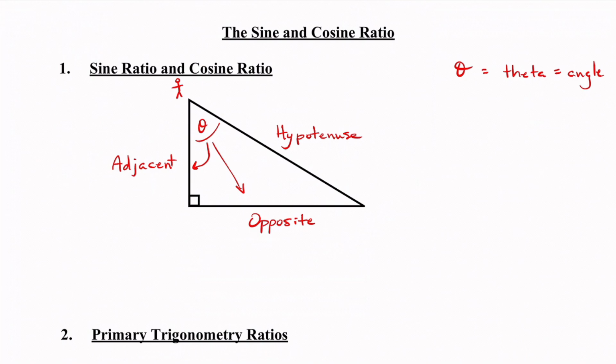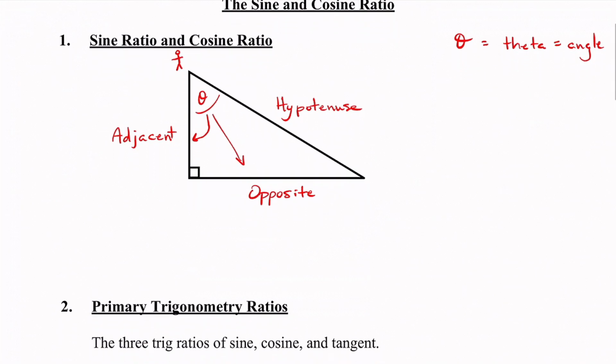Okay, so today we got two new ratios. They're the sine and the cosine ratio. So we're going to start by writing out those ratios, just like how tan from last day, tan theta, was opposite over adjacent. Now we're going to have some new ratios where they're just using different sides.